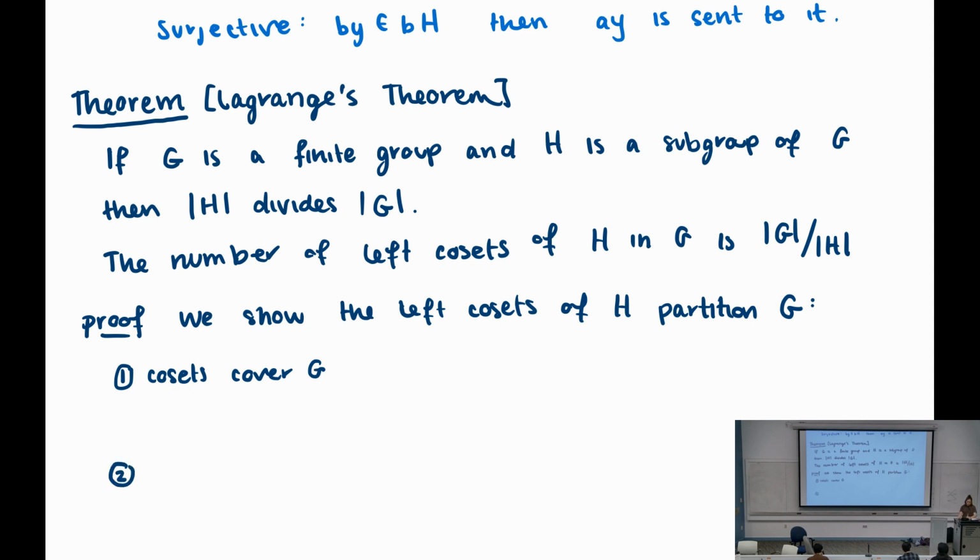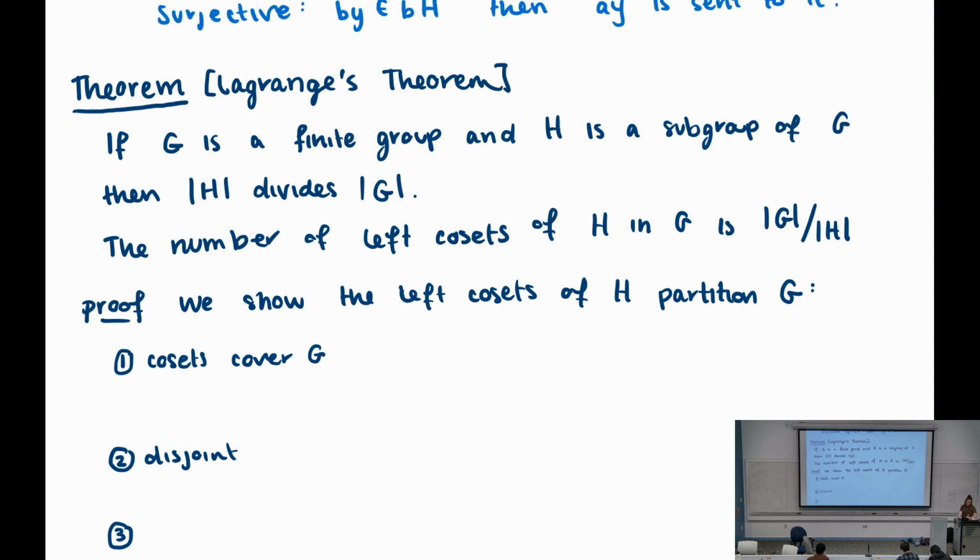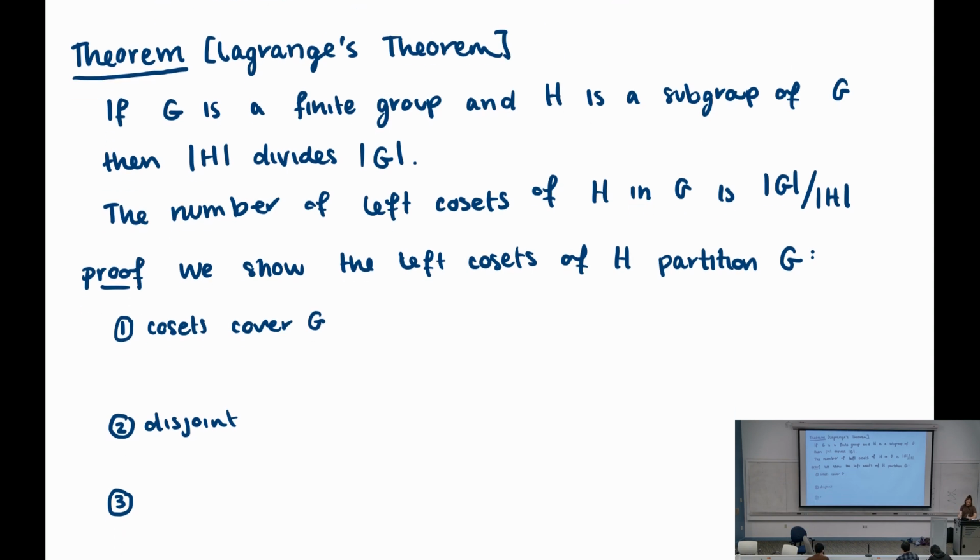Two, that they're disjoint. And three, in order to draw this conclusion about the order of H dividing the order of G, we also want to show that all cosets have the same size, which we sort of have already shown.